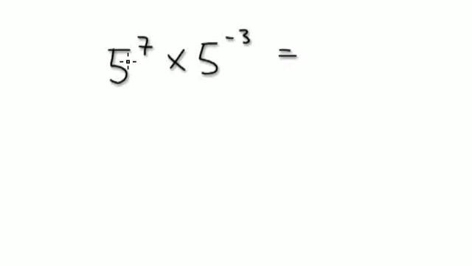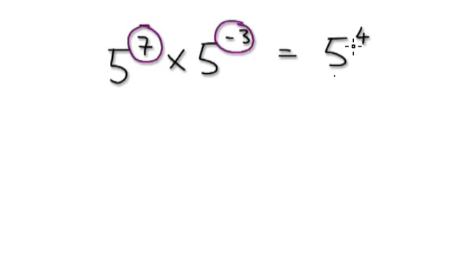Okay, let me give you another quick example. So here, 5 to the power 7 times 5 to the power of minus 3. Okay, so this thing here, because the two 5s are the same, you can just get this, add it to this. Now you're adding a negative number, so really that's like 7 take away 3, so that's 5 to the power 4.